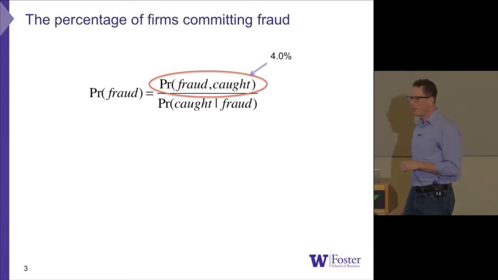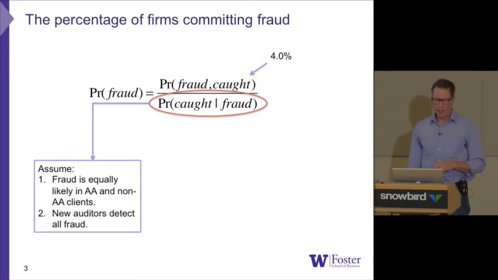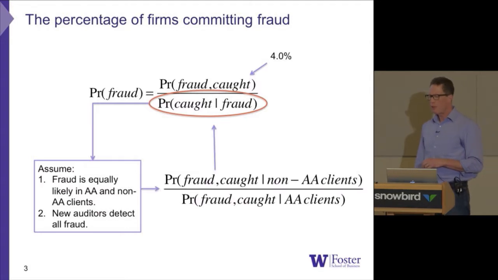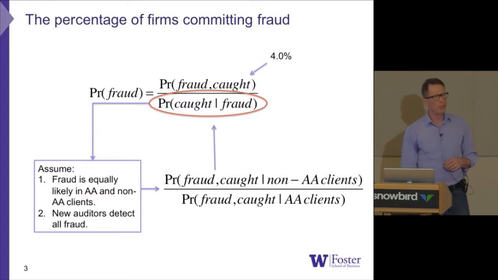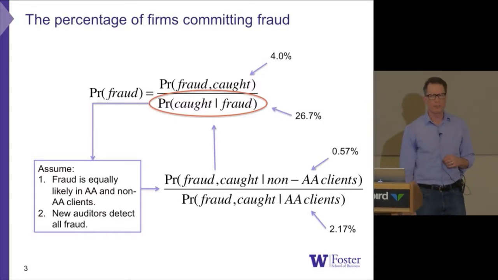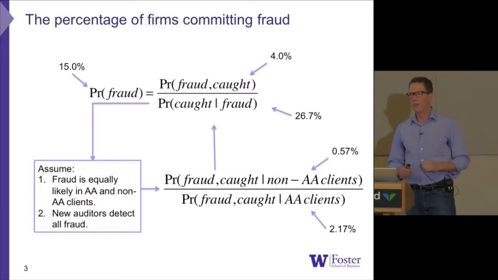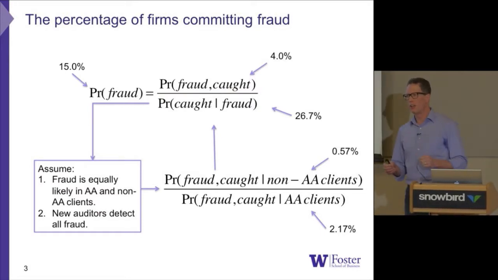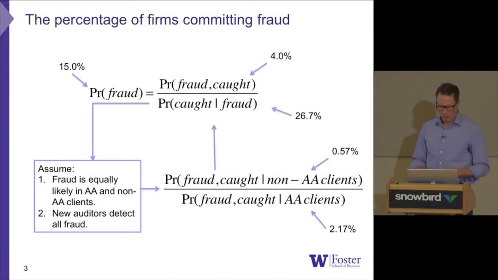So they start with this baseline number that 4% of firms at any given year are committing fraud, and make two key identifying assumptions that allow them to express the probability of getting caught as the ratio of two observables. They then try to come up with estimates of these observables. These imply that the probability of getting caught is 26 or 27%, and boom, that gives us the initial big takeaway, that it's 15% of firms in any given year that are committing fraud.